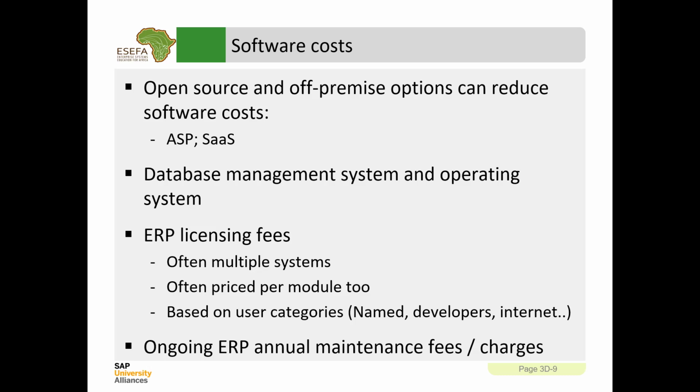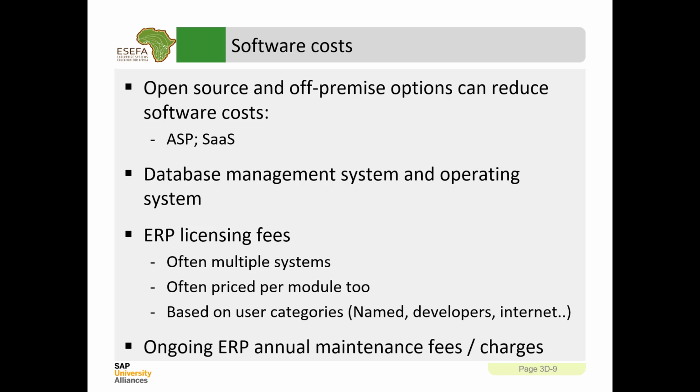Instead of having physical storage and a storeroom for data, you can reduce certain hardware and software costs by using software as a service, by using a third-party client, and hosting certain parts of your services with a provider. Database systems and operating systems can also come from a service provider. So what you're most concerned with is the ERP licensing fees.